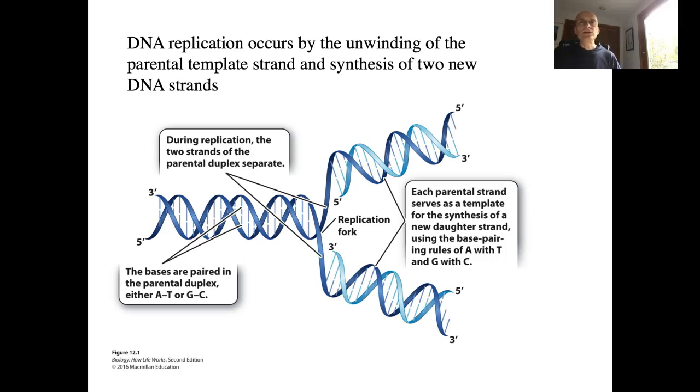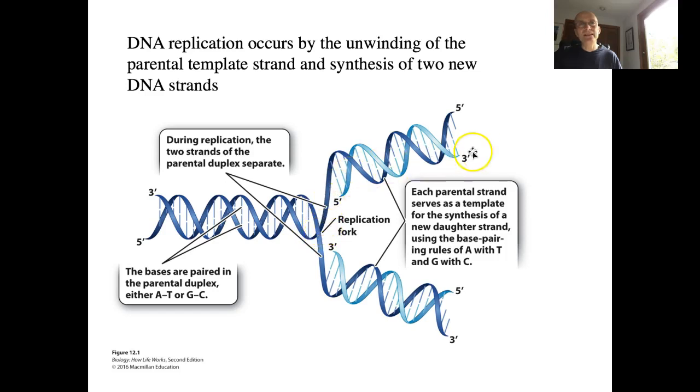So in general, what we will be looking at is what's called a replication fork. So this is a piece of DNA. You have your two strands of DNA, and they are, of course, held together by the hydrogen bonds between A's and T's or G's and C's. And then as it turns out, and we'll talk a little bit about how that was found, DNA, when it's being synthesized, is first unwound.